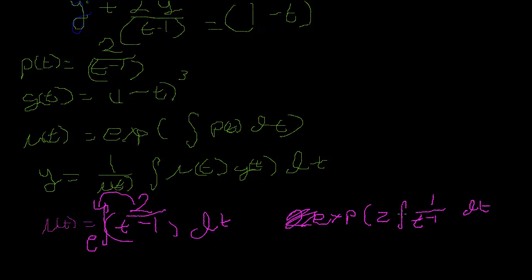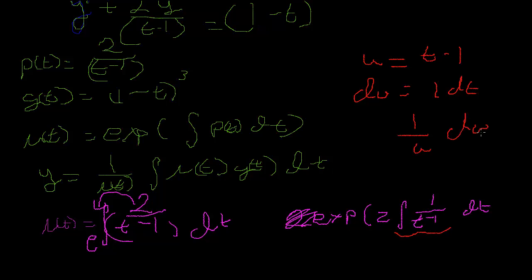This can be solved by u substitution. u equals t minus 1, du equals dt, so we get the integral of 1 over u du, which equals ln of u, which then equals ln of t minus 1.